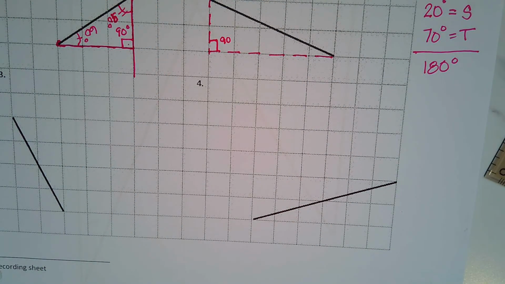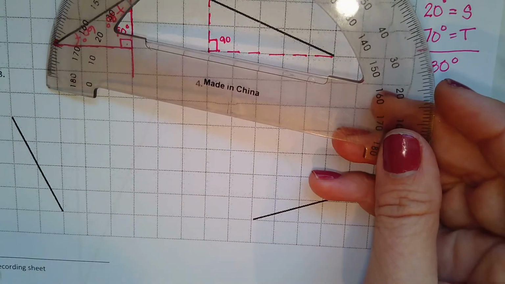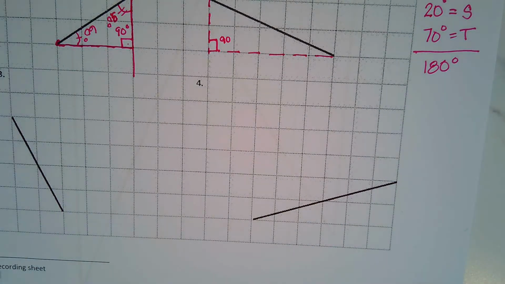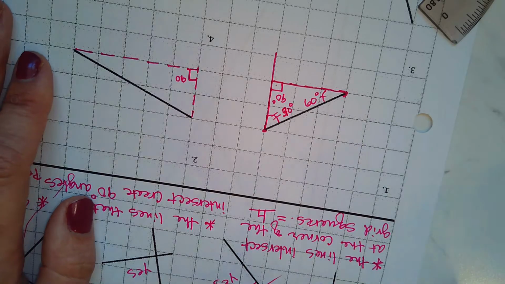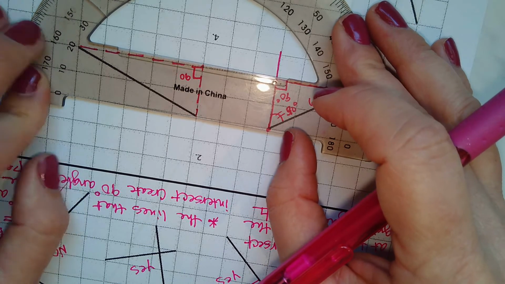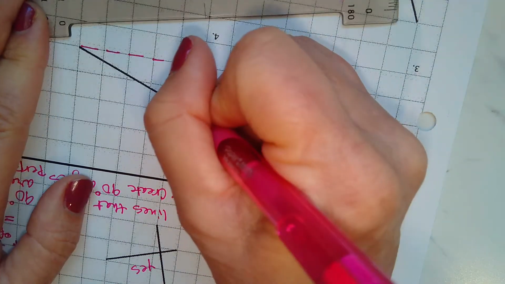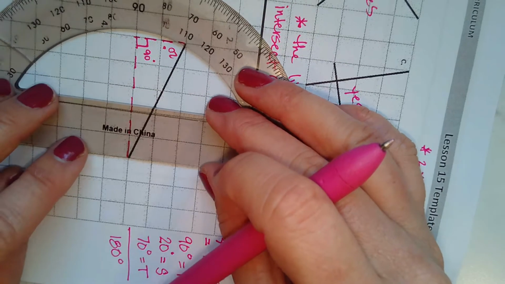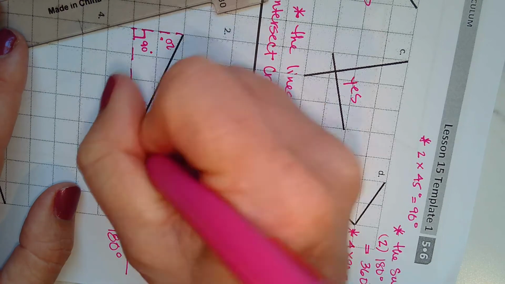Now, we could use our tool here, our protractor, to measure the other two angles and see what we get. So let's turn and use our protractor. So this is a 20-degree angle. And let's measure this one. Oh, it's 70 degrees. A 70-degree angle.